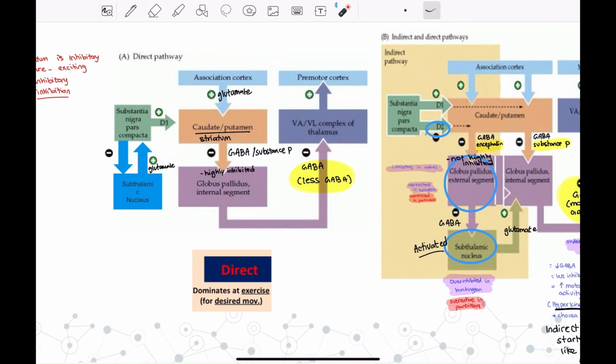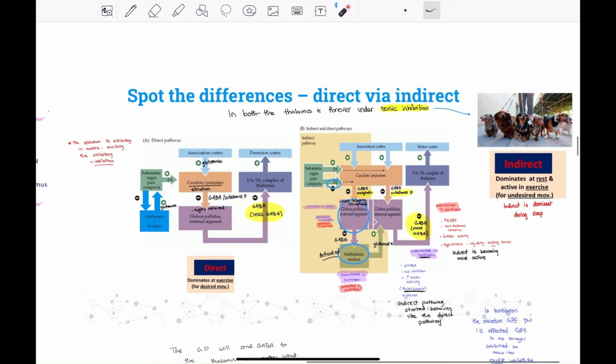Meaning in both cases, if it's excited or if it's inhibited, it will secrete GABA. So my primary goal over here is to simply control the level of GABA, making sure it's a lot less, making sure that the thalamus is disinhibited. Because remember, we just said that the thalamus is under tonic inhibition.